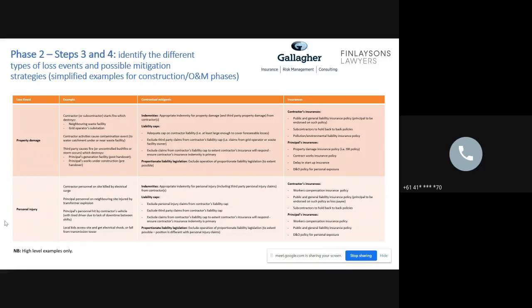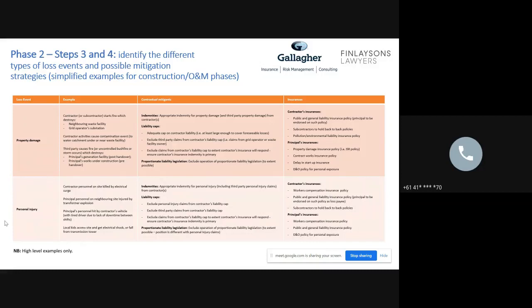We don't want to go into a huge amount of detail, given obviously every project is unique, but there are some key issues we see all the time that you want to seek to minimise your risk on for any type of project. And this slide deals with the property damage and personal injury risk.